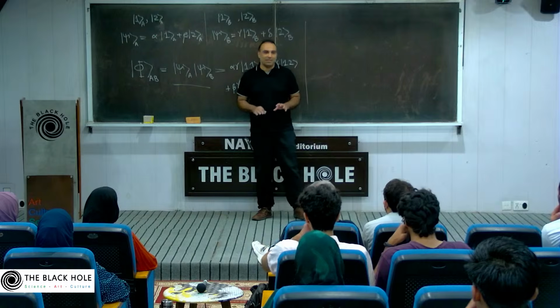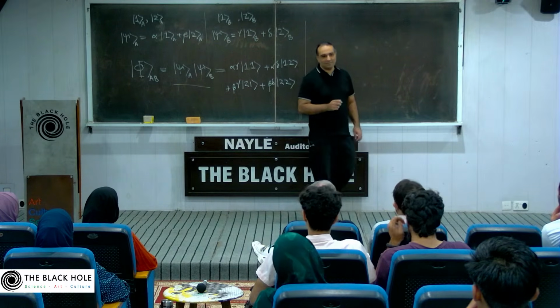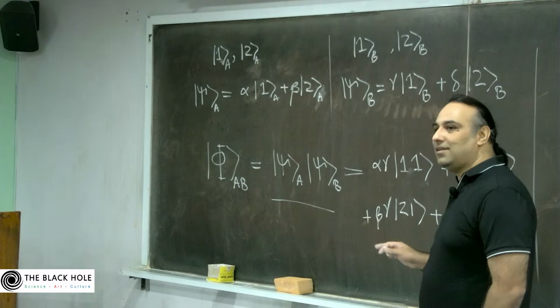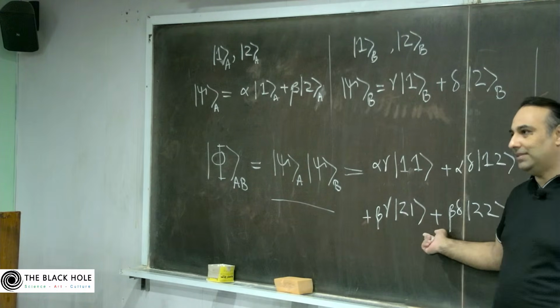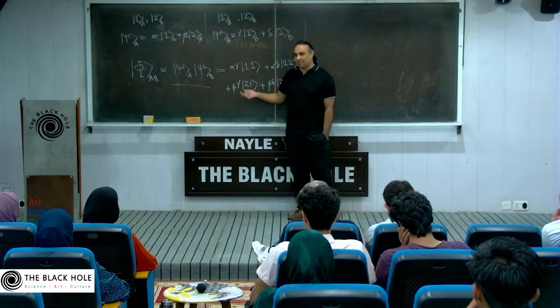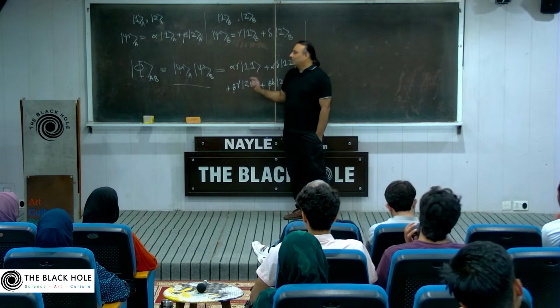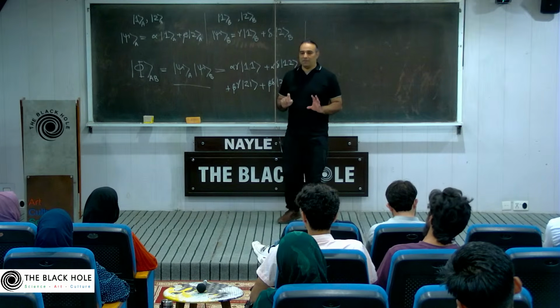Is there something else? Can we have that? I'm just talking about the form of the state at the moment, not the reason why you can get that. Basically, let me rephrase the question.